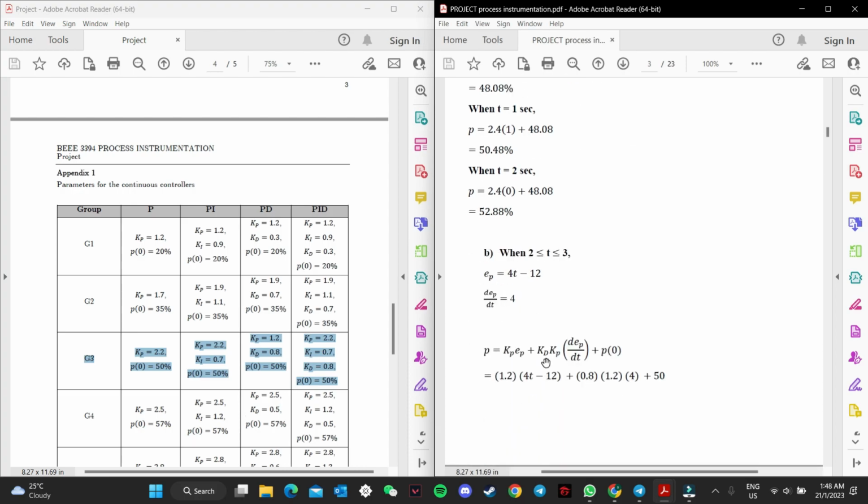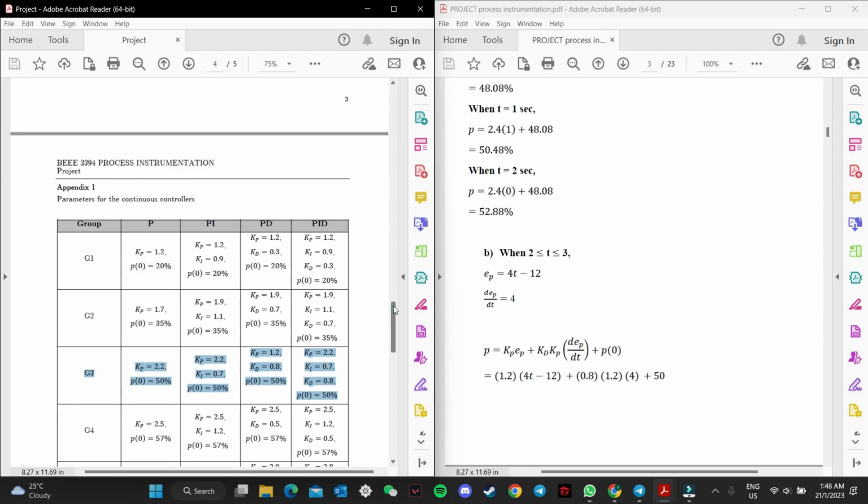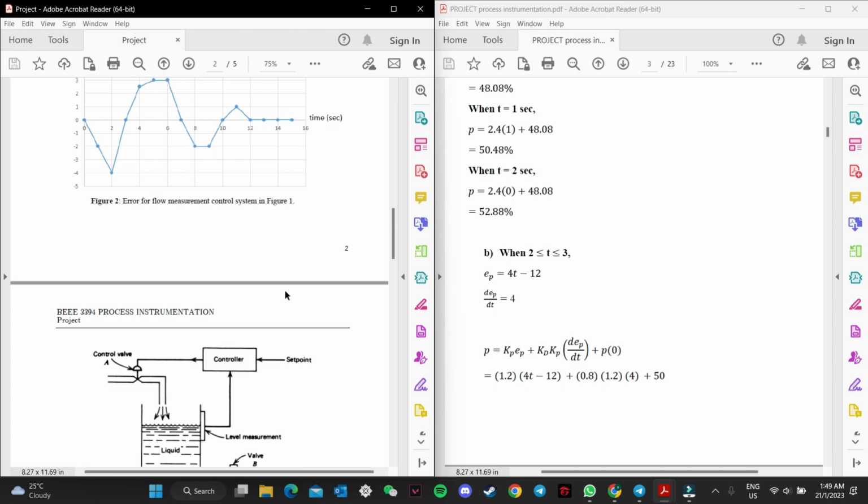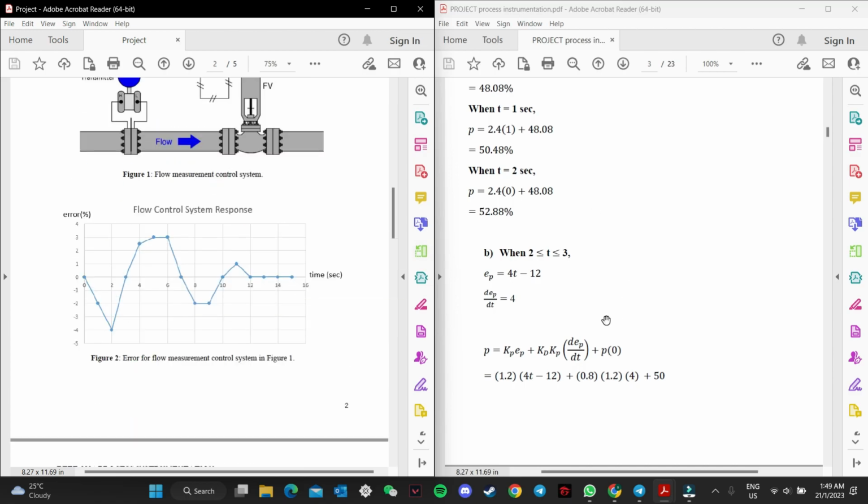For the rest of the calculation from 2 seconds until 15 seconds, it will also be the same. We just change the Ep equation and substitute it with the following time in seconds.